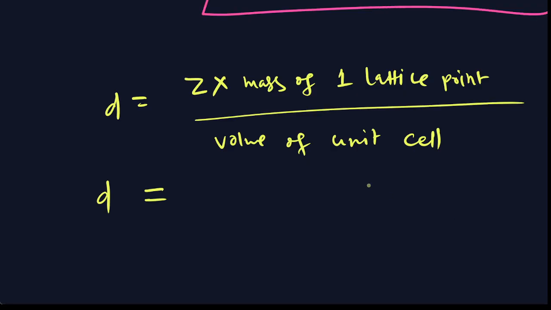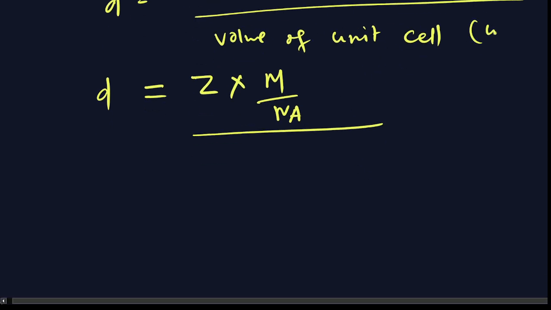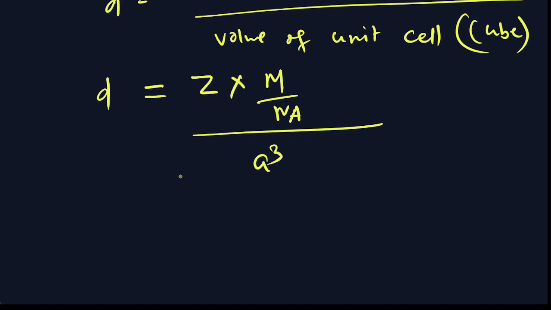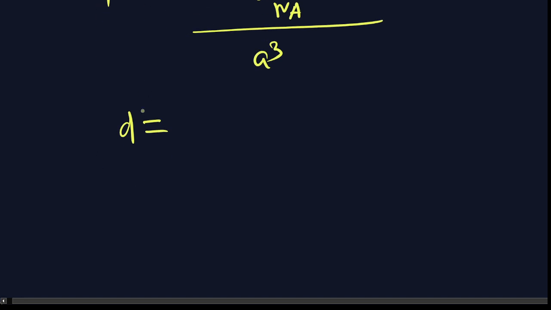So we write here Z into M upon Na. And the volume of the unit cell: because the unit cell is a cube, the volume of a cube is a cubed.